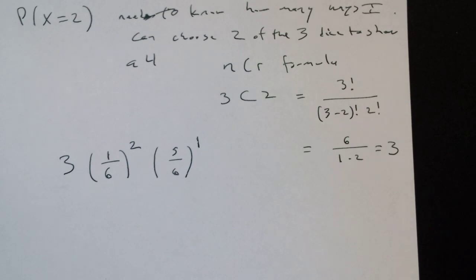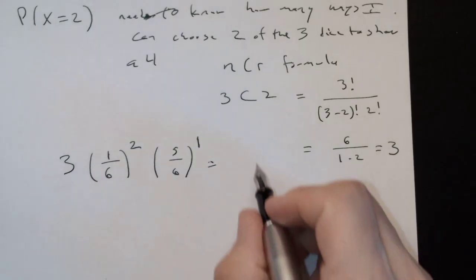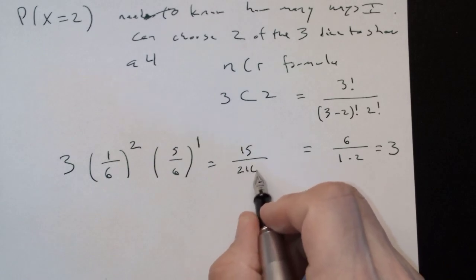Hey, wait a minute. This takes care of the ordering. This takes care of the 2 successes, and this takes care of the 1 failure, regardless of the order they occur in. That's what that number out front tells them. It takes care of all the possible orderings. By the way, this works out to 15 over 260.